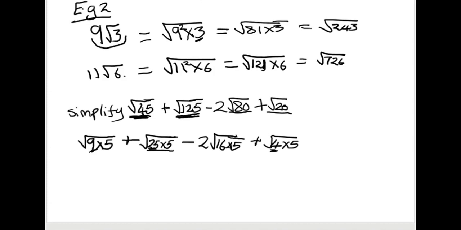Okay, so the next step I'm going to do is separate them into their individual roots so that I can simplify them further. I'm bringing these numbers down. Square root of 16, I'll do already to save time.